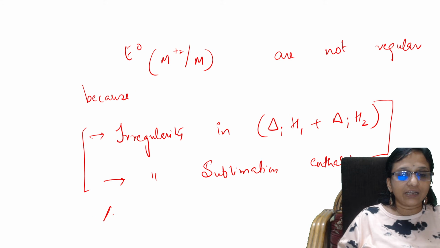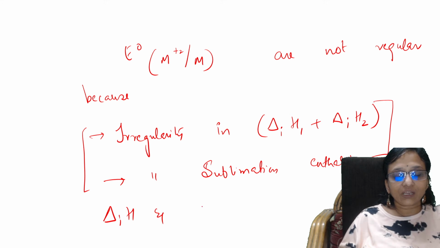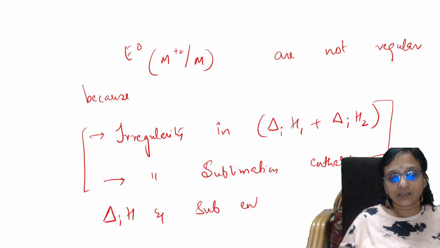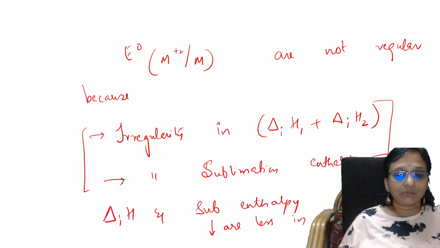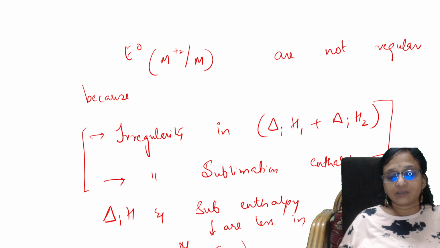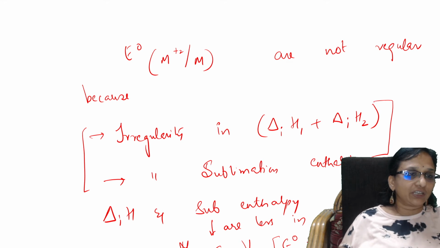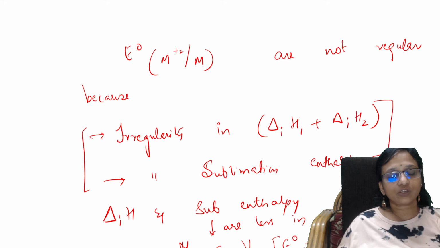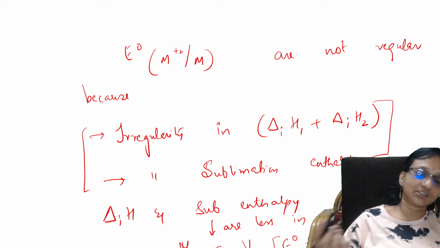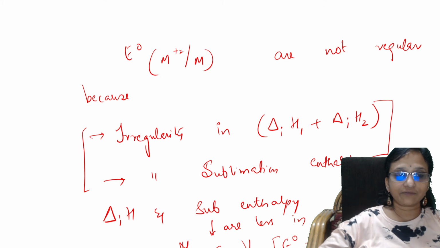Both the ionization enthalpy and sublimation enthalpy are less in manganese and vanadium. That's why the electrode potential values are also not much variant, just minus 1.18, same for both. Write your answer like this and finish.